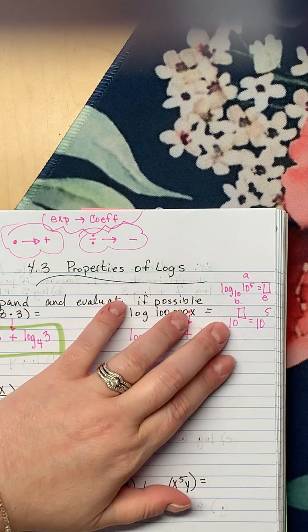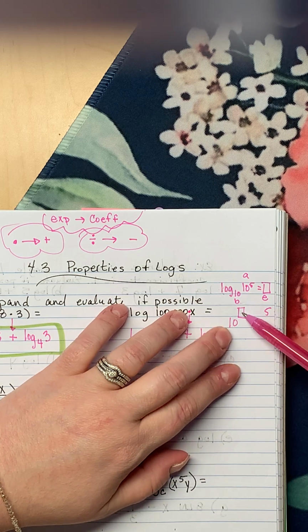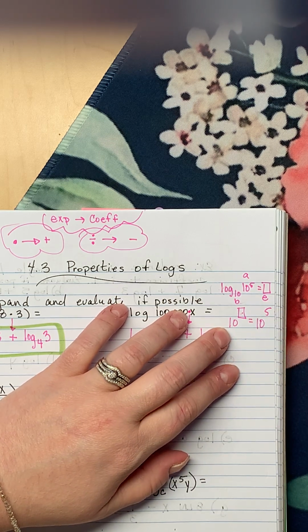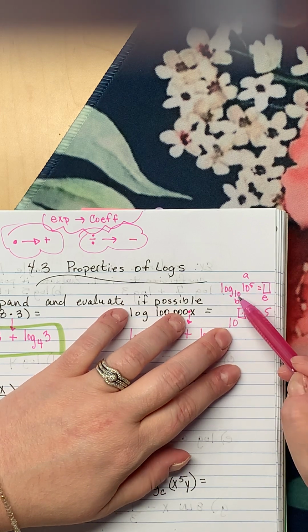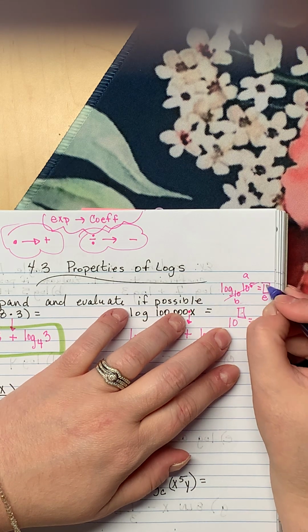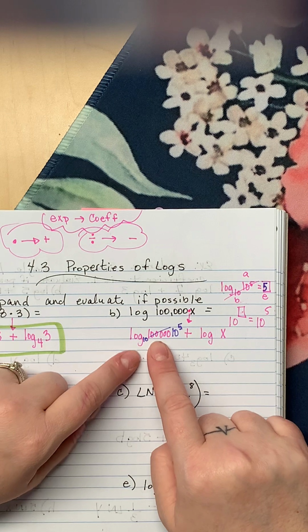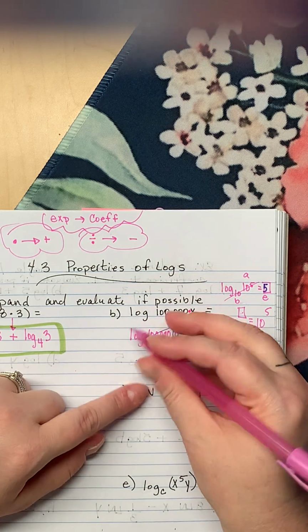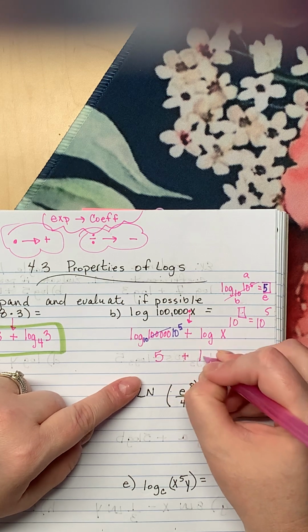And then the only way to make this left side look like this right side is if that box is also a 5. Okay, so we just evaluated this log of 10 to the 5th. It's just 5. And then we still have plus sign log x.